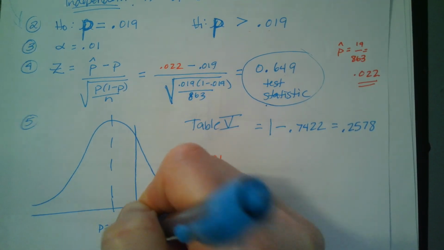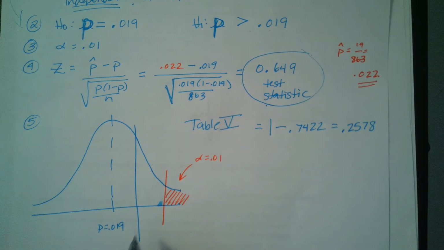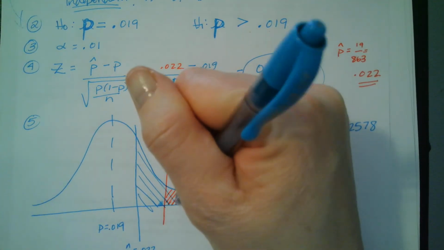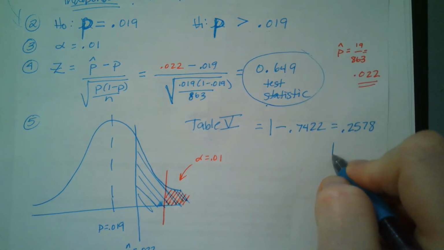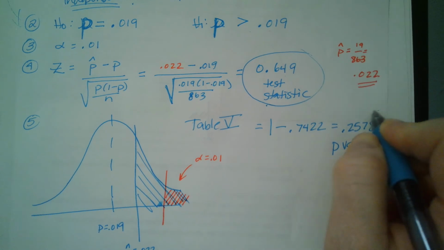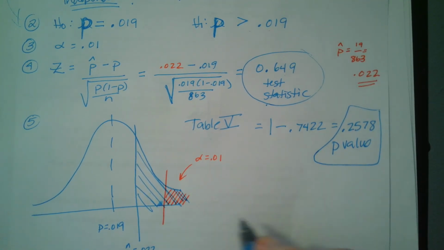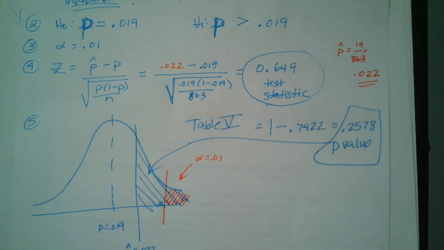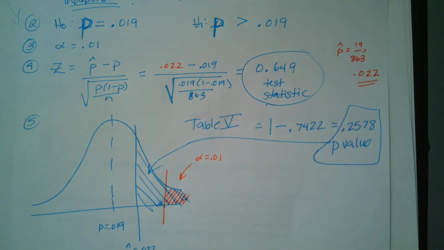So over here is going to be my test statistic. This is going to be my p-hat. P-hat is 0.022, which has a z-score of 0.649, which in turn has a probability, or a p-value, of 0.2578.